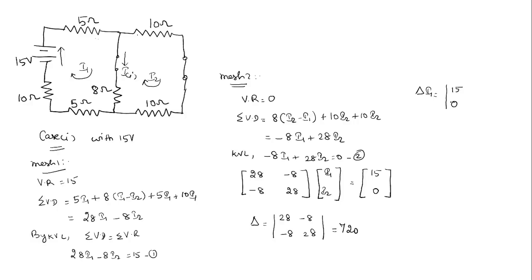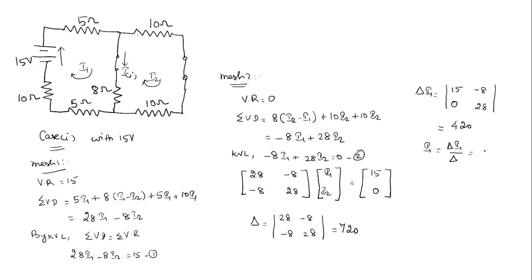The first column is 28 and minus 8, so we replace it with the right hand side matrix 15 and 0. The second column will remain the same, minus 8 and 28. So now we have to find out the determinant. This will be equal to 420.